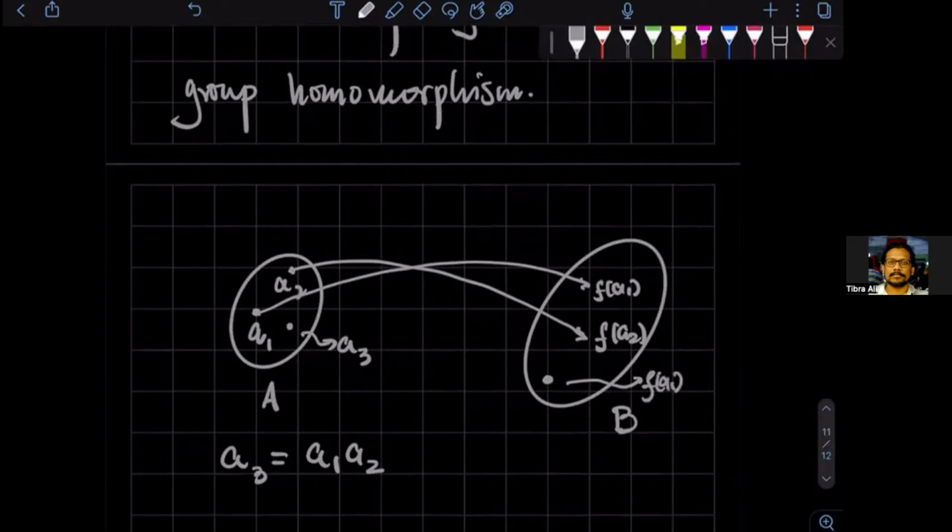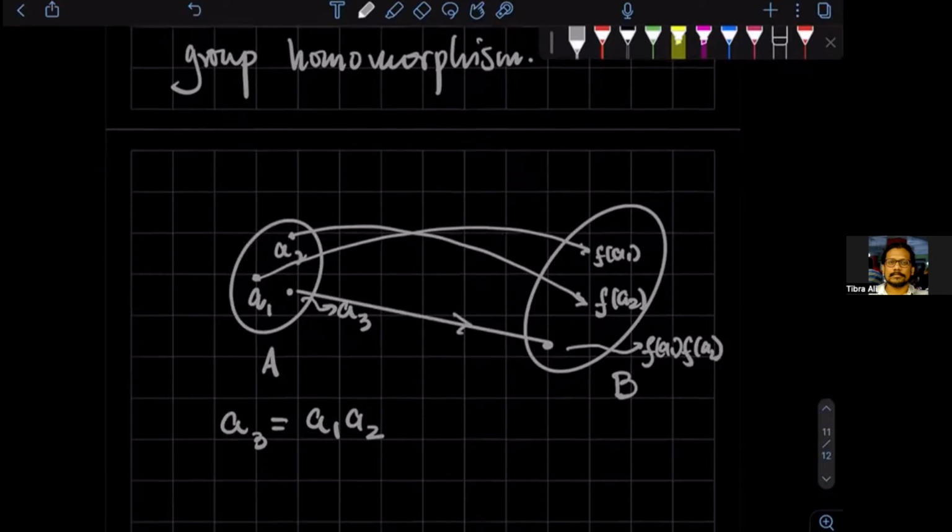Now, if I apply the map on A3, and that map brings me to this element, then that map is called a group homomorphism.